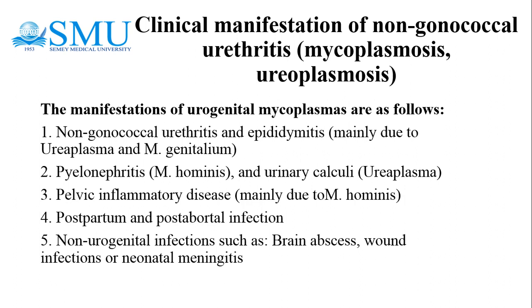And Ureaplasmas may cause chorioamnionitis, prematurity, postpartum endometritis, chronic lung disease of the premature infant, and infection of wounds and soft tissues.